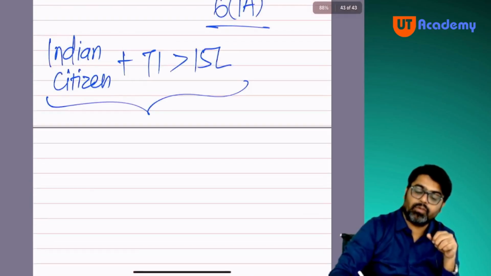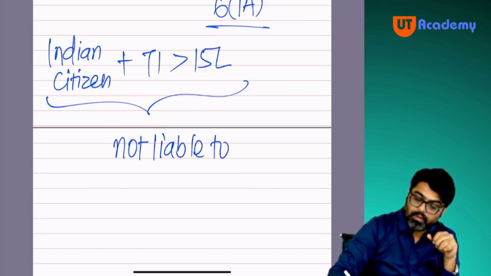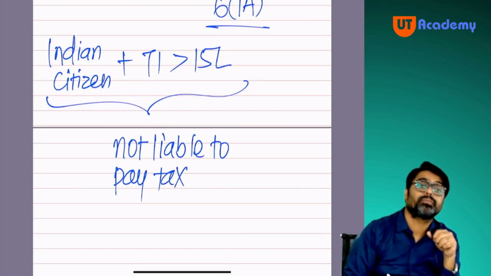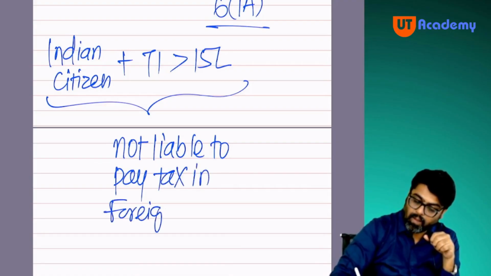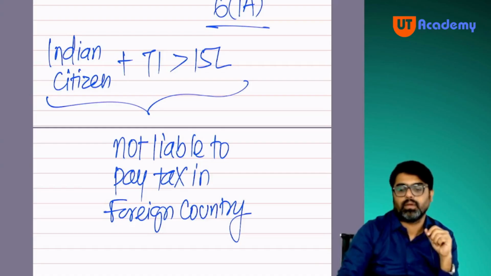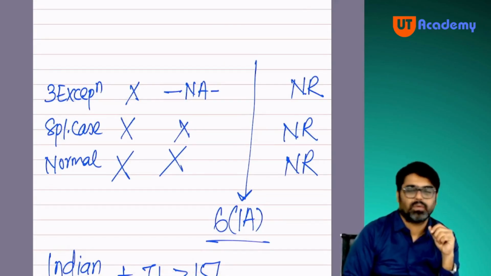This type of individual is not liable to pay tax in a foreign country also. 3 conditions we are giving you. See, are you an Indian citizen? Yes or no?